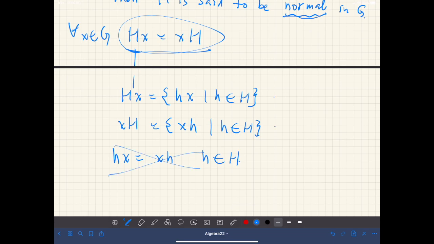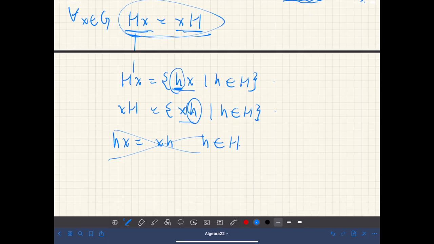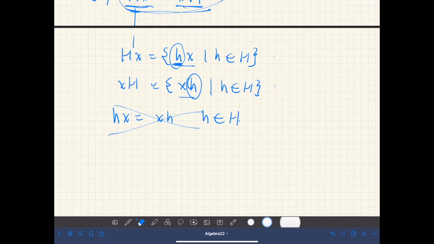Okay, we are saying these are equal as sets. Okay, so it doesn't mean each of the elements are equal. We just happen to be using the same symbol H here, but they may not correspond to the same elements. So what we mean by this is for some elements H and K, elements of the subgroup H, we have Xh equal to Kx.